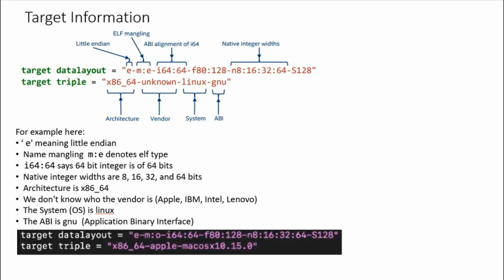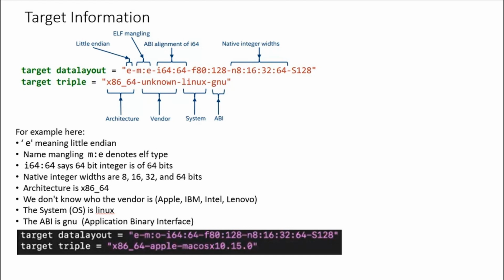And in this example, we can see it has information about little endian. Then for the name mangling, m:e denotes ELF type. We also have ABI alignment, which says that 64-bit integer is of 64 bits. Then we have the native integer width of the target data layout.